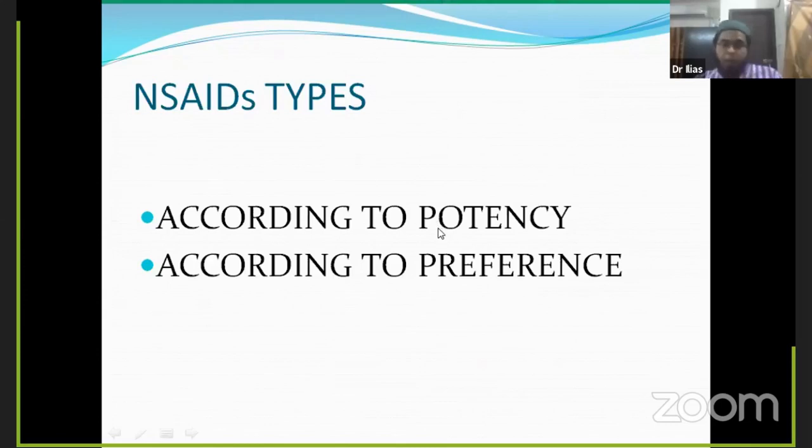But whenever the patient has mild to moderate pain, we may prescribe the less potent or least potent anesthetic. So if a patient comes to you with a history of a road traffic accident or any kind of trauma, at that time the patient might have a complaint of severe pain. At that time, you must prescribe the more potent or the most potent anesthetic.